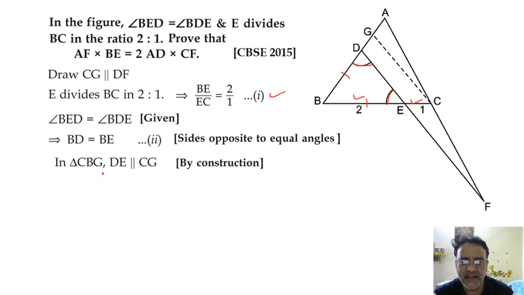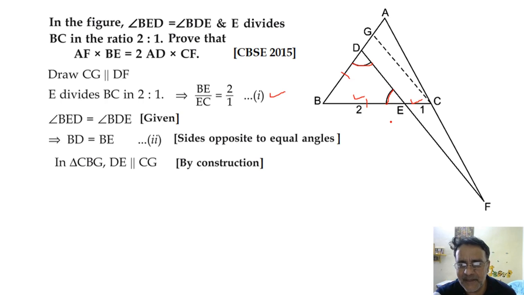Now in triangle CBG, ध्यान से देखो, CBG, DE parallel to CG by construction, because DF and DE are both the same line. So we can apply the basic proportionality theorem.